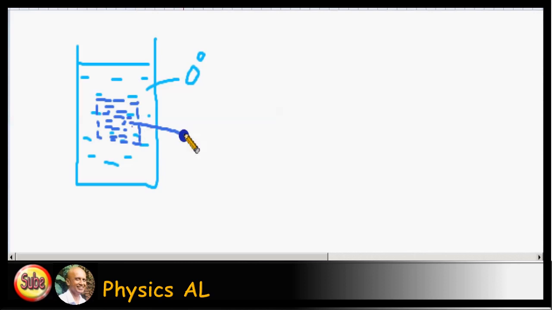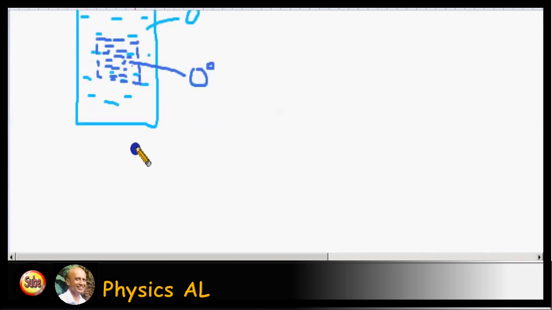Finally, when ice is introduced into this container and dissolved totally, this water becomes 0 centigrade, and the ice that came from outside is now liquid, whose temperature is 0.